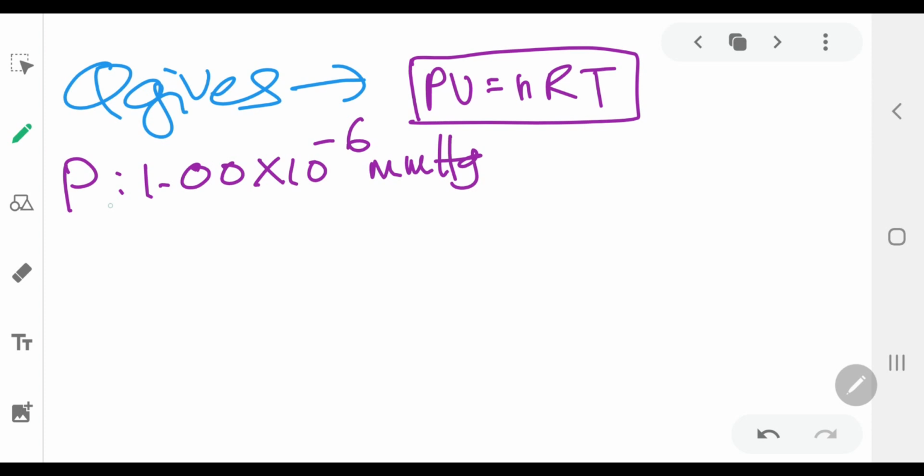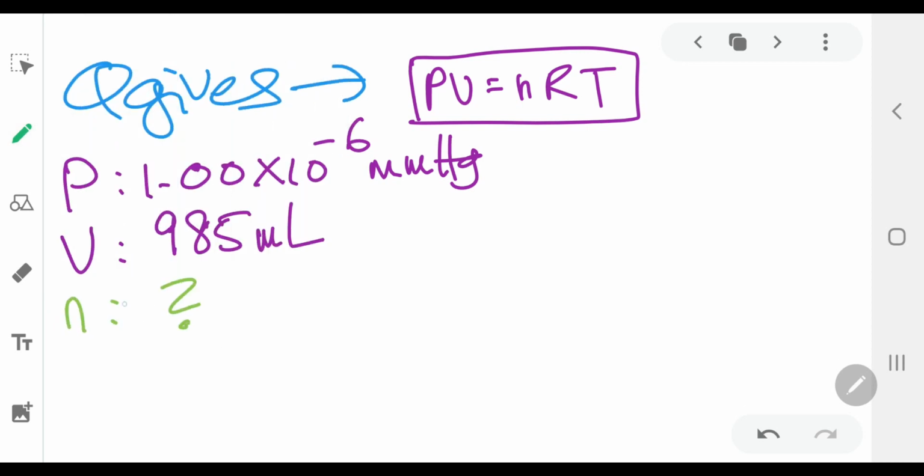Okay, so P, and then V here. V is given to you as 985 milliliter, and the one that we want to find is n. So this is what we want to find out.